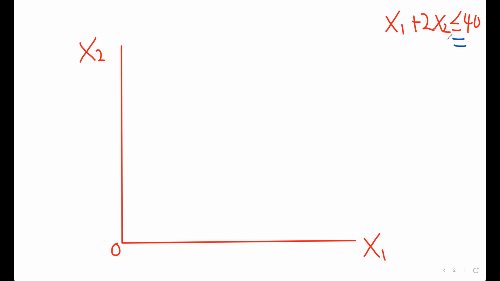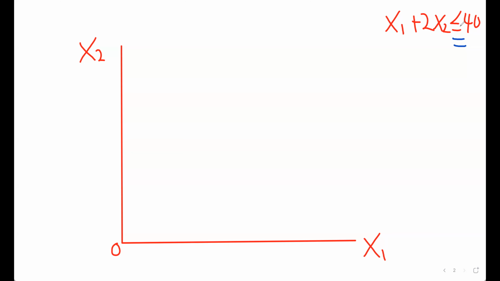So the maximum hours on the left, which is 40, equals the maximum hours on the right. That will be a line, and then the less than will be the space. Write it down somewhere, you'll forget: the equal to indicates the boundary of the space, whereas the less than indicates the space.